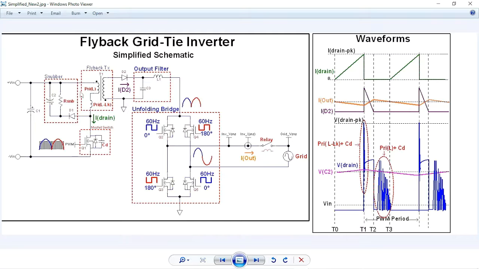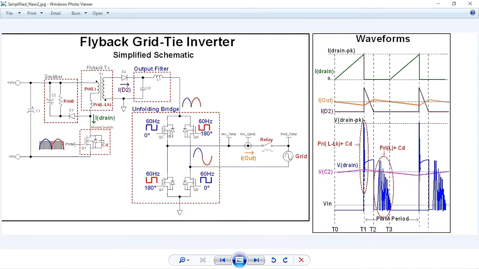We have a flyback transformer, which consists of a primary winding, a secondary winding, and a leakage inductance, which we'll talk about in a minute. The output has a rectifying diode. It has an output capacitor. It has a smoothing inductor, and then an unfolding bridge, which is made up of 4 switches. In this case, we use MOSFETs.